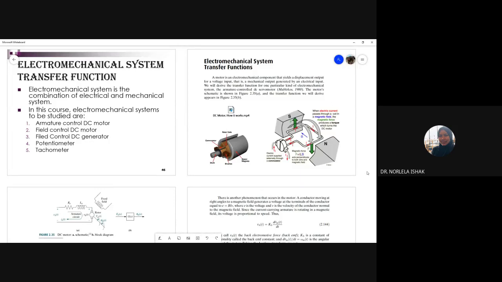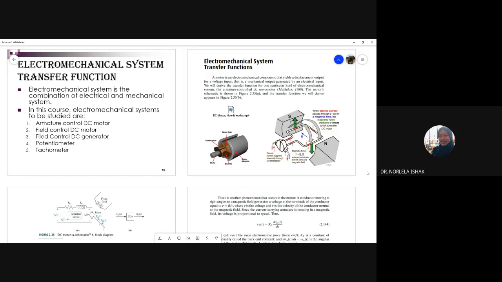Today will be covered on the electromechanical system. Okay, how to define the transfer function from the electromechanical system. Meaning it's a combination of electrical and mechanical system. From this topic, I will introduce DC motor and DC generator.